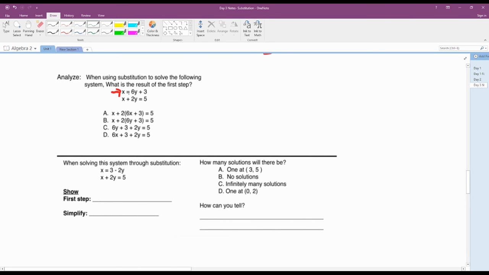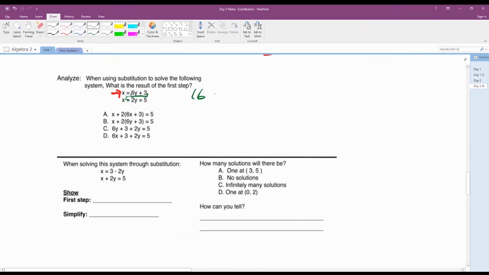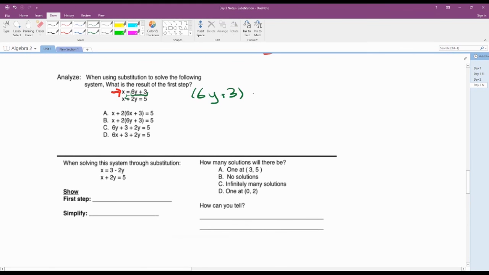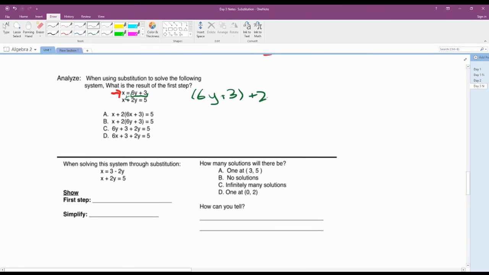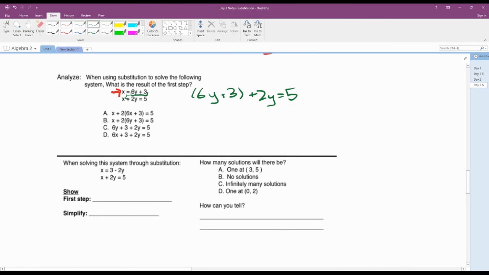So my first step then would be to take this and replace x with it. So let's see, 6y plus 3 plus 2y equals 5. So in this case, I had to use x instead of y, like the one above.